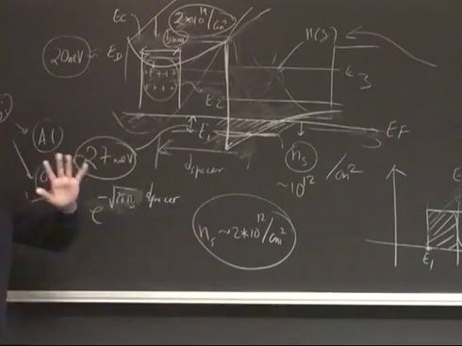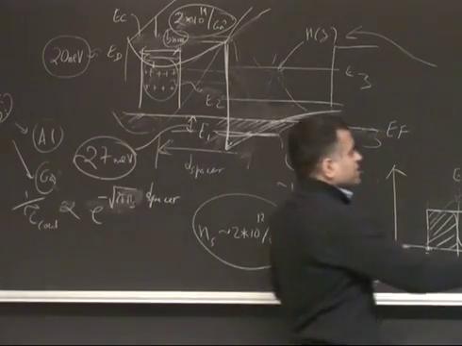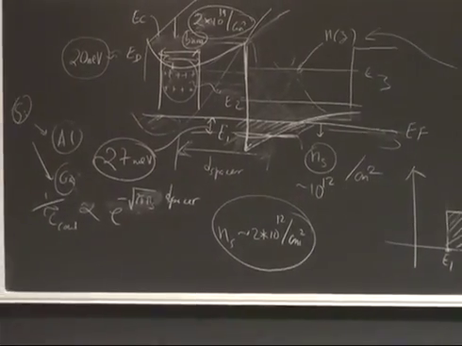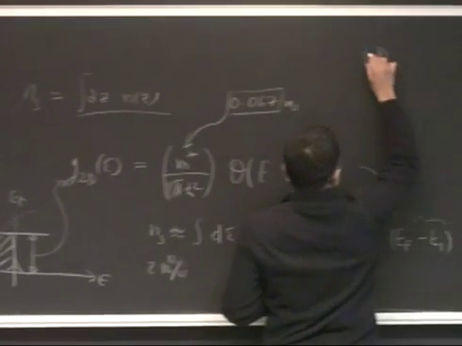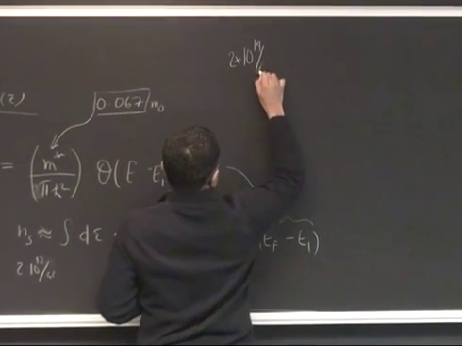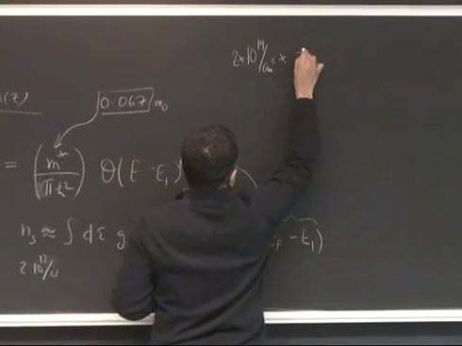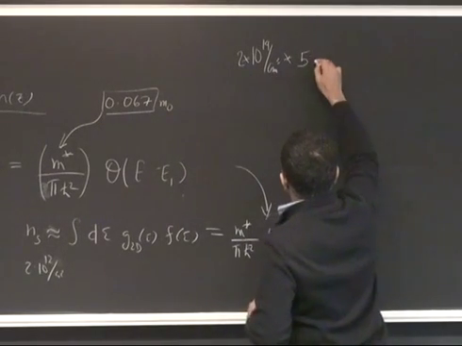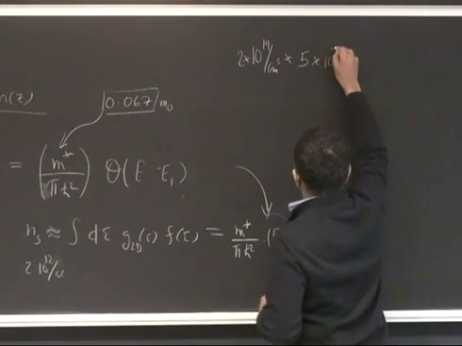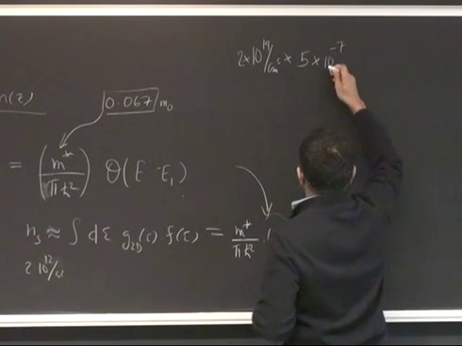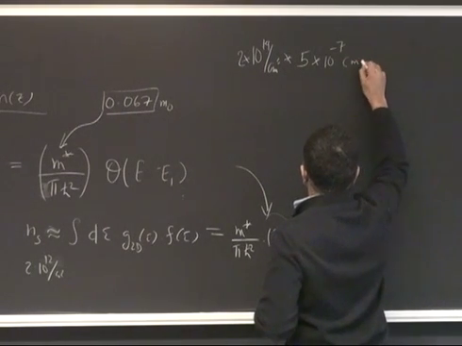So what is the total sheet density of dopants? So 10 to the power 19 per centimeter cube times 5 nanometers, and it's centimeter cube, so let's just convert everything to centimeters. 5 nanometers is 5 times 10 to the power minus 7 centimeter, right?